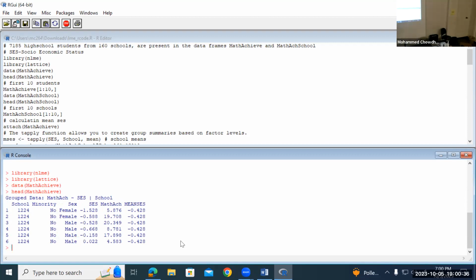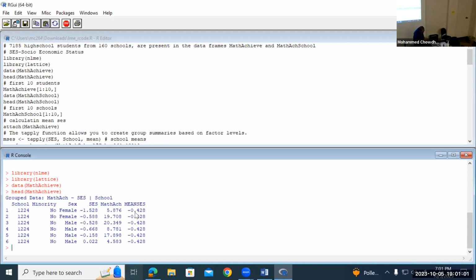School has a number code, 1224, and minority, and this is the gender, the socioeconomic score, math achievement, and mean socioeconomic score. The mean socioeconomic score for the same school, 1224, is the same.